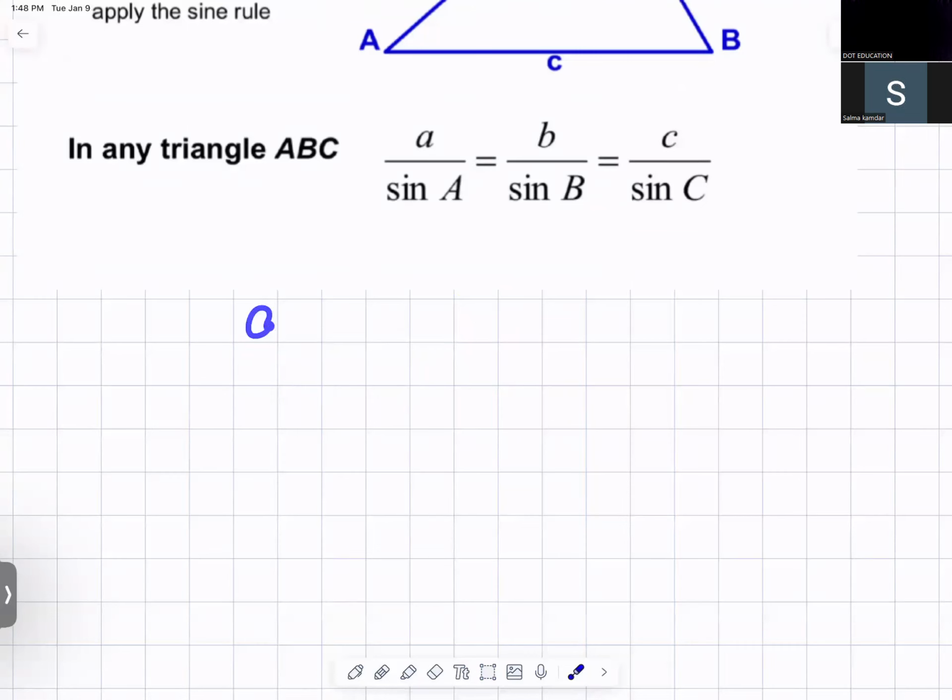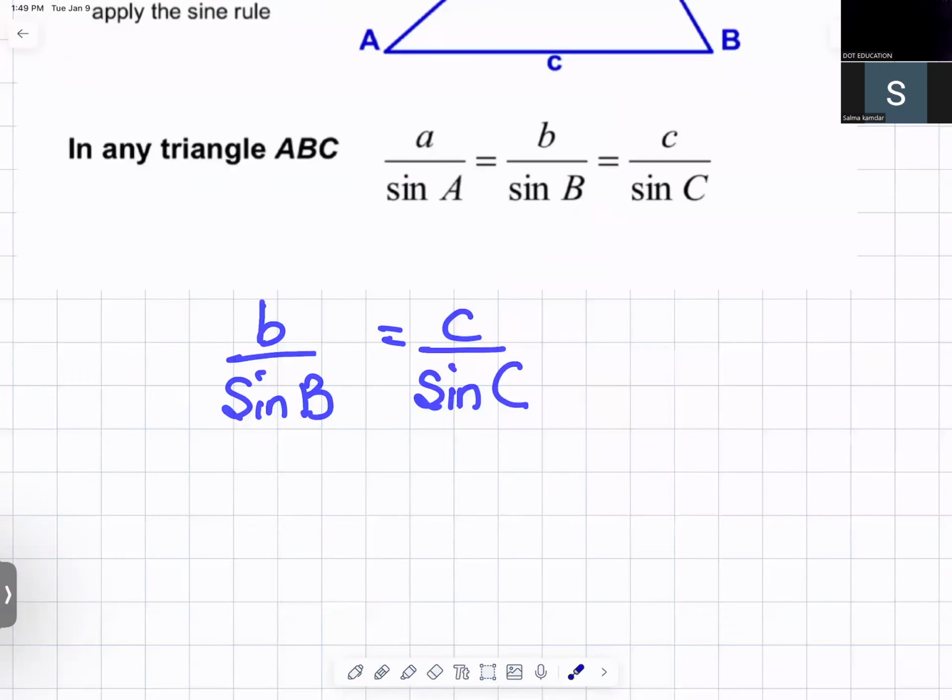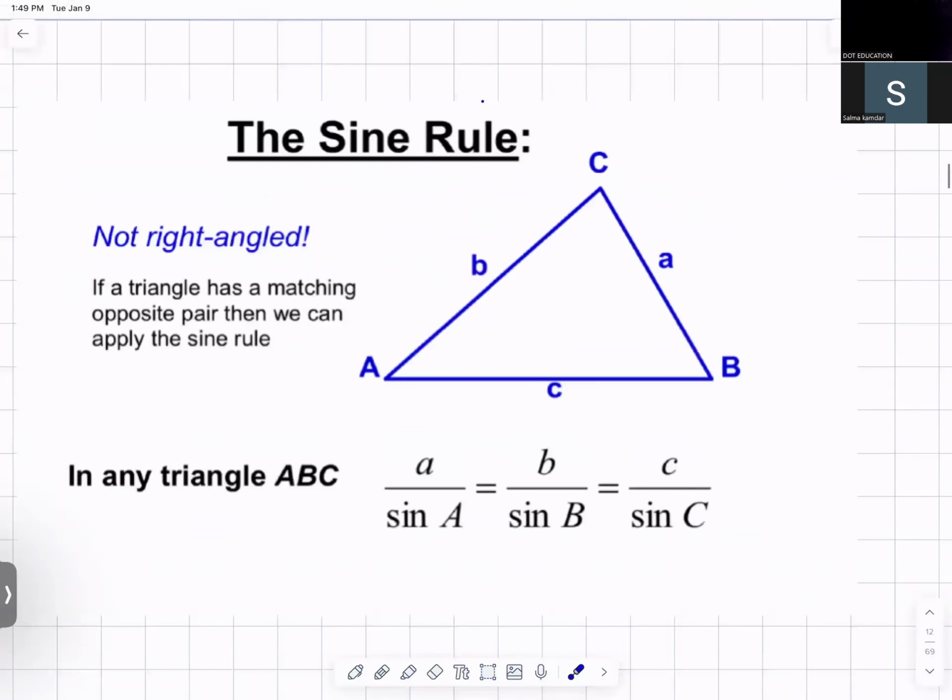Or we can have a, when a is given to us, over sine A is equal to c over sine of C. We can also have it as b over sine of B is equal to c over sine of C. So this is the principle of your sine rule.